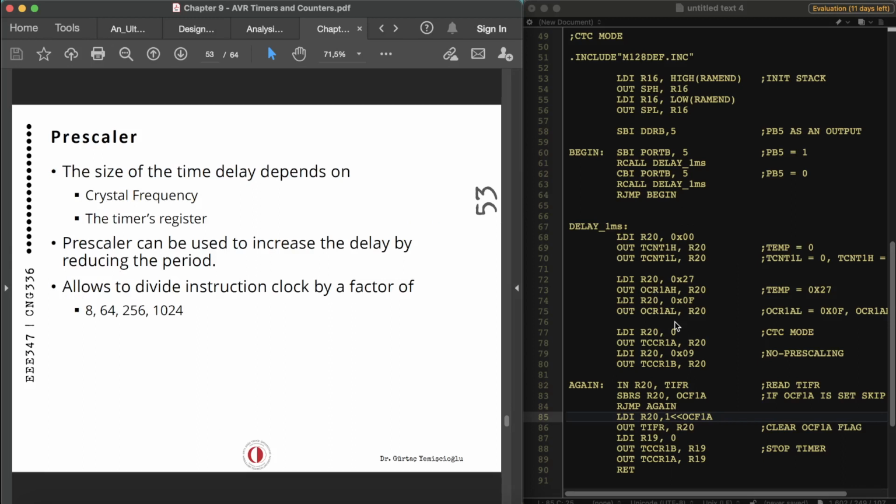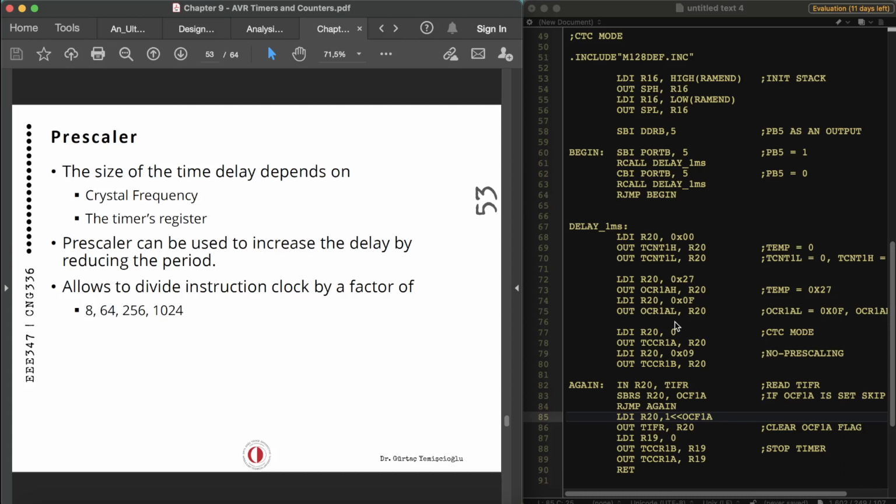Now the prescalers. Larger delays can be generated from bigger counters or from the prescalers. The size of the time delay depends on the crystal frequency and the timer's register. Prescalers can be used to increase the delay by reducing the period. So we are actually doing a clock division, and we can reduce the period by 8, 64, 256, 1024.